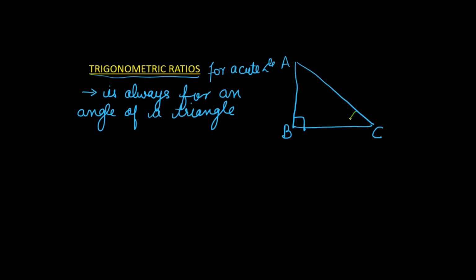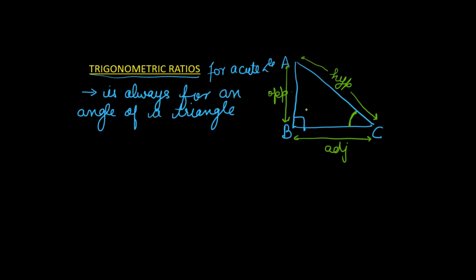So let us consider the angle here as angle C. If C is the angle, then this side AB is opposite to angle C. The side BC is adjacent to angle C. And AC is the hypotenuse of the right angle triangle.